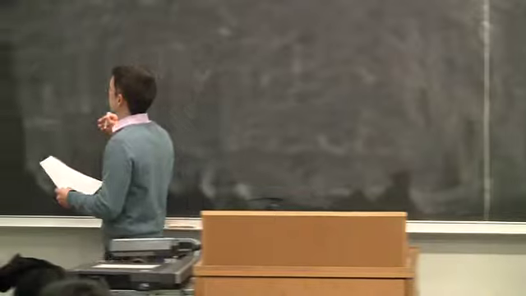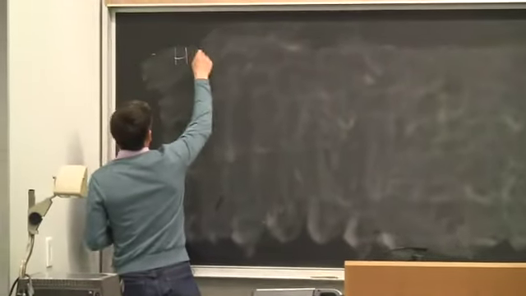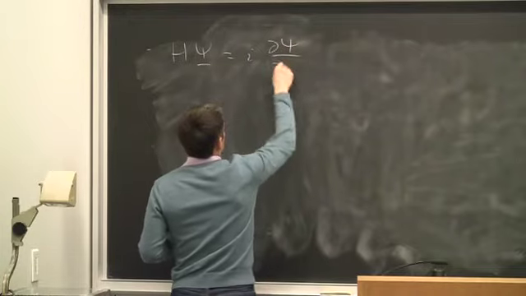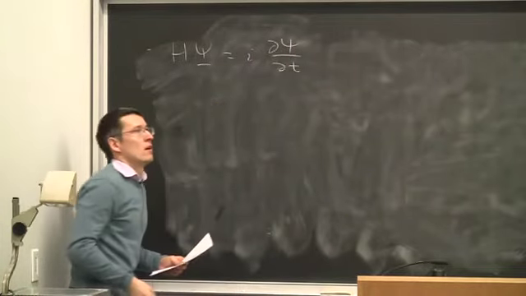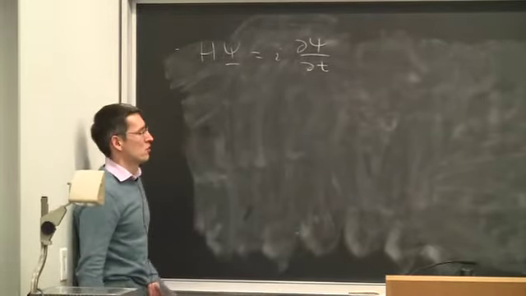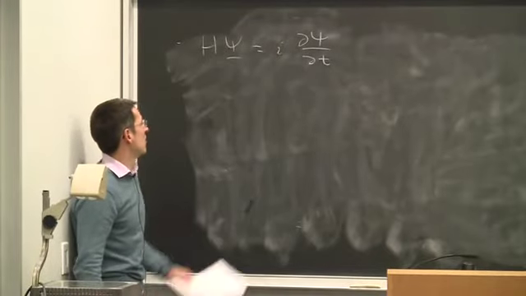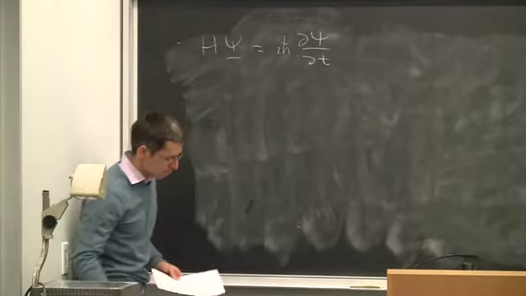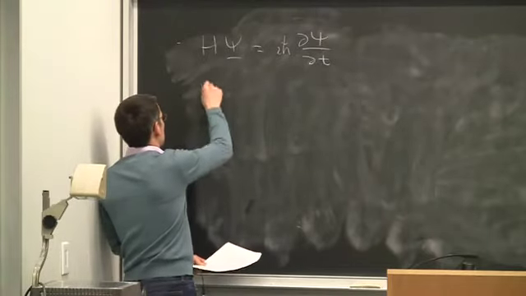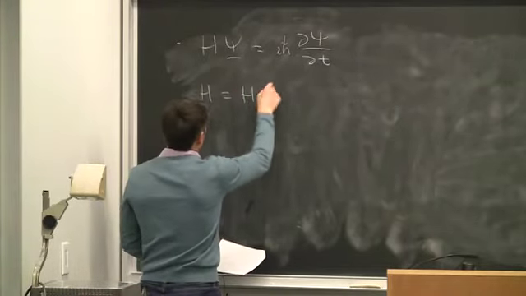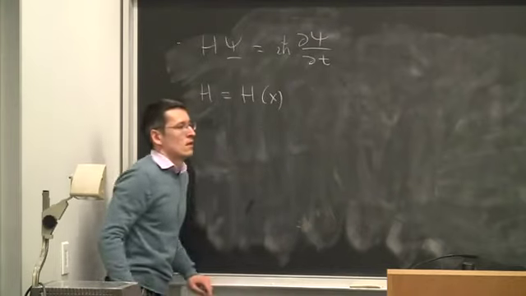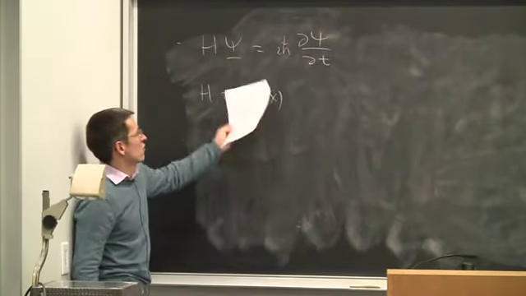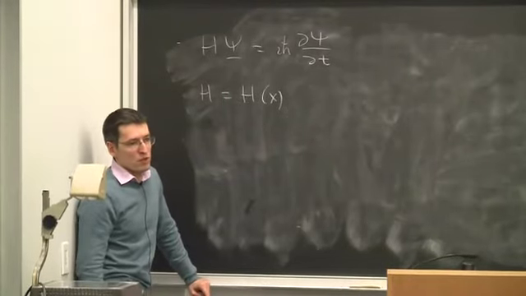What I showed is that the main equation that we're trying to solve in quantum mechanics, whether you're dealing with molecules or other systems, is the time-dependent Schrödinger equation, right? And for Hamiltonians that are time-independent, it turns out that we don't need to solve this equation.